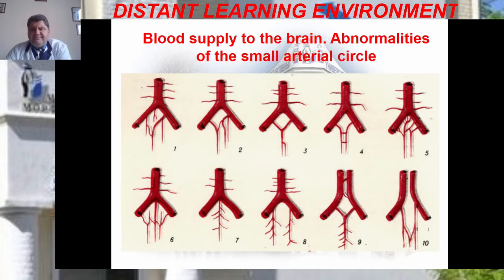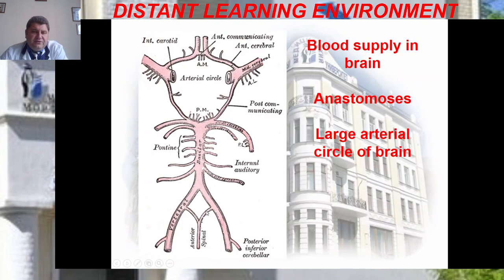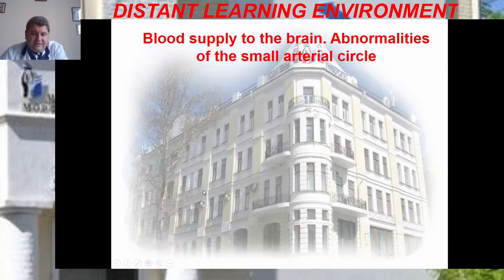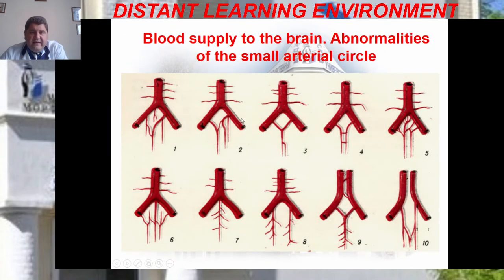And in the next pictures I want to show you the abnormalities of the rhombus or small arterial circle. Here, as I told you and showed you, the anterior spinal arteries form the arterial rhombus, but here you may see the variations and abnormalities and absence of this anastomosis.